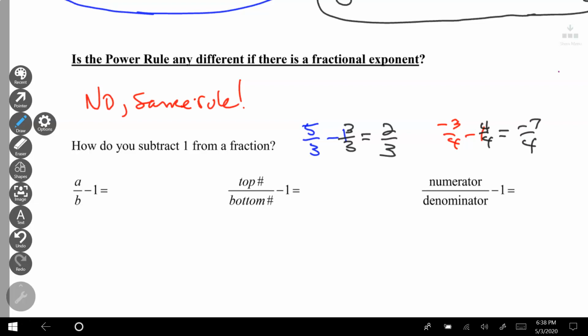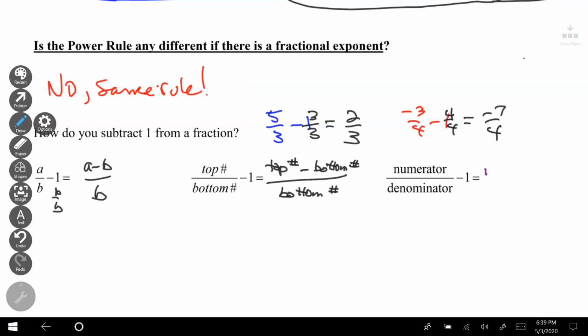But I have a nice little pattern that I see here. If I rewrote this as b/b, it becomes a minus b over b. Or better yet, what I really see is top number minus bottom number over the bottom number.